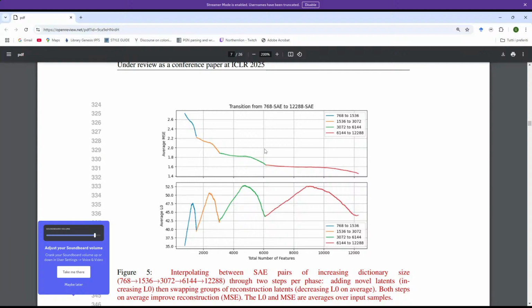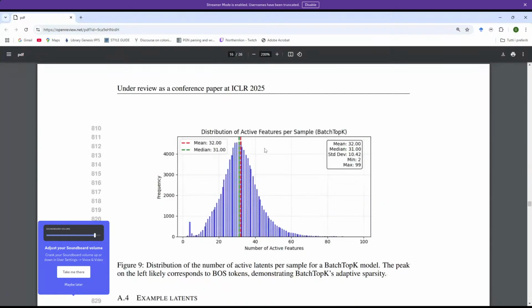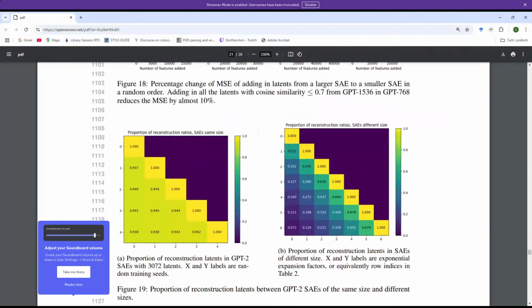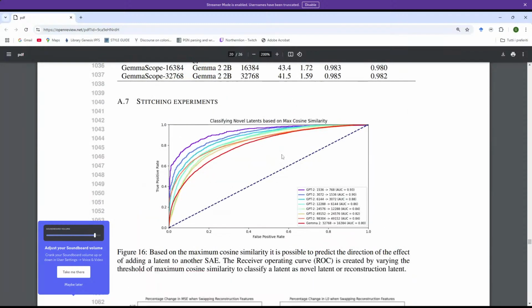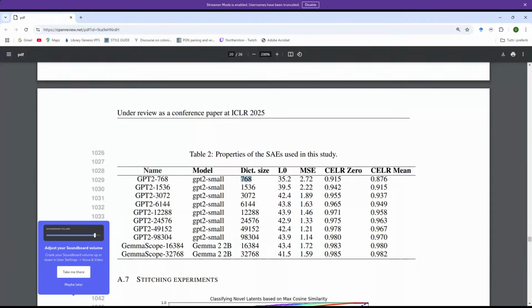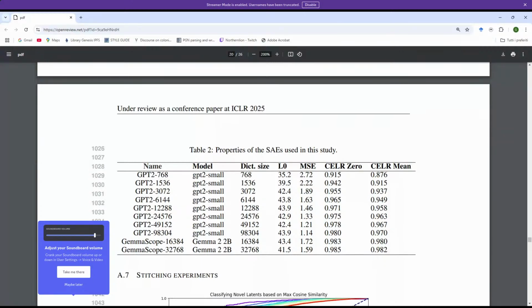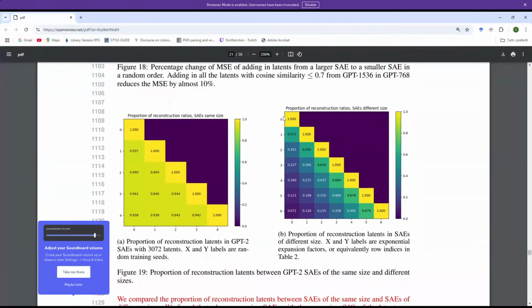They do show an interesting thing in the abstract, which I don't know if they even thought about that much. Here they show how many latents are new or reconstructed for different sizes. They're always doubling: 700, 1,500, 3,000, etc. So each of these steps doubles the size of the SAE.